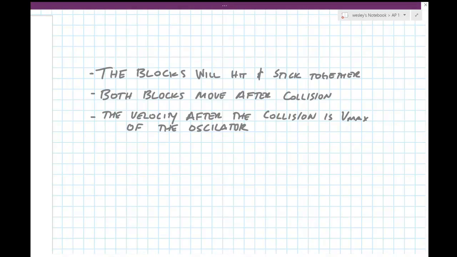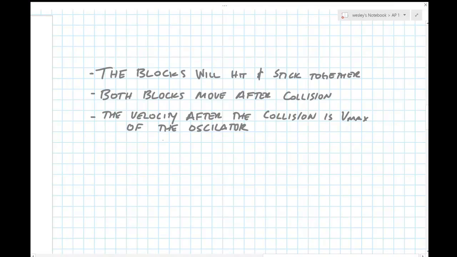There are a couple of reasons that's true. This is the important part of the problem. One reason that's true is that after the collision, the blocks are at equilibrium.